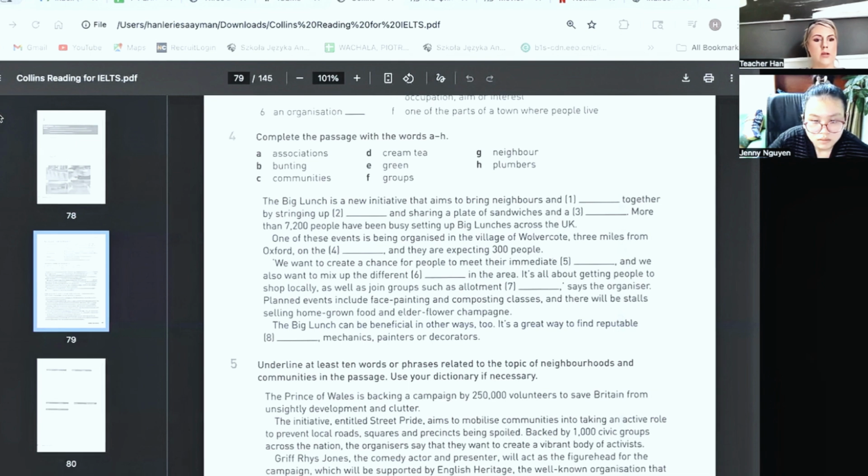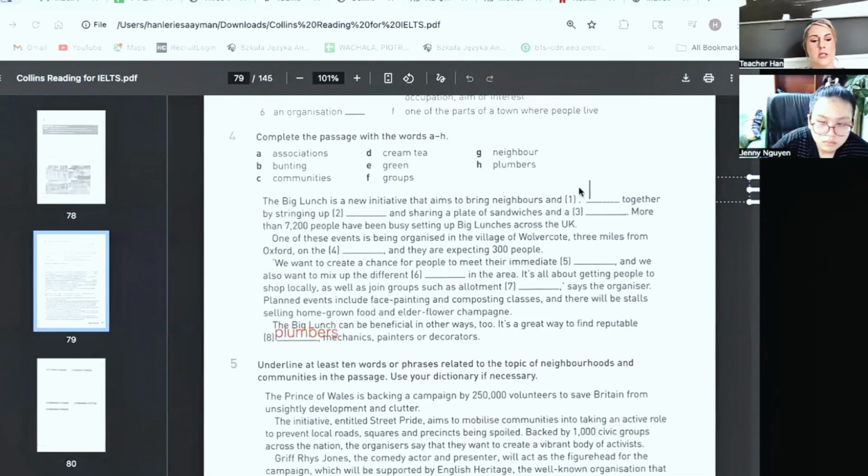Yes, so that is correct. Plumbers, okay. What did you say for number 1? So your neighbors and what together by. So the aim is neighbors and groups. Okay.